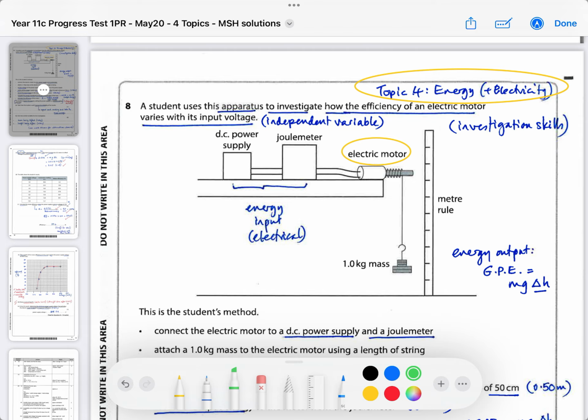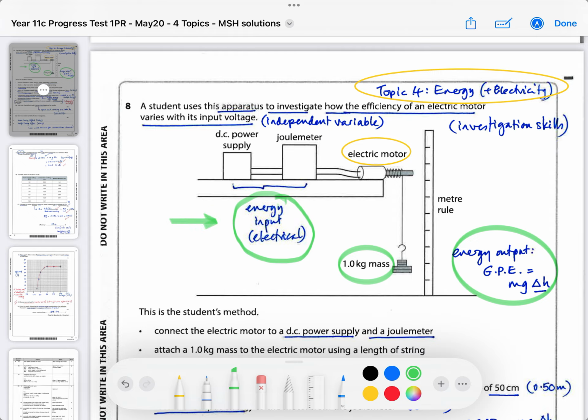So this is the apparatus they set up. The energy input is electrical, and the purpose of this equipment is to lift this 1 kilogram mass a set distance. So the energy output is a gain in gravitational potential energy. The useful output is gravitational potential energy, and the energy input is the electrical value.